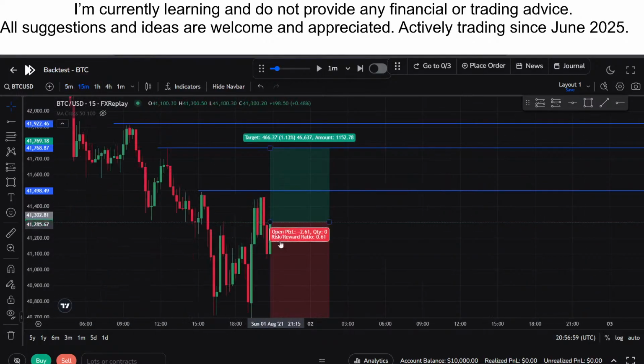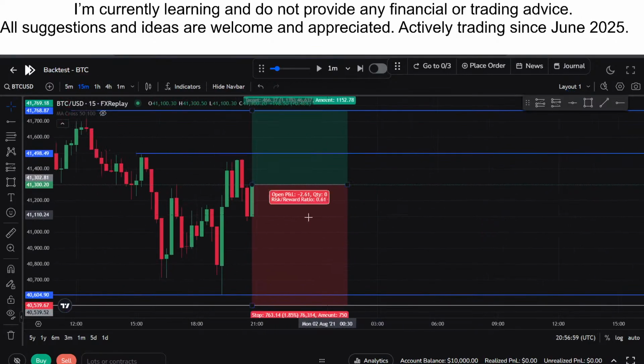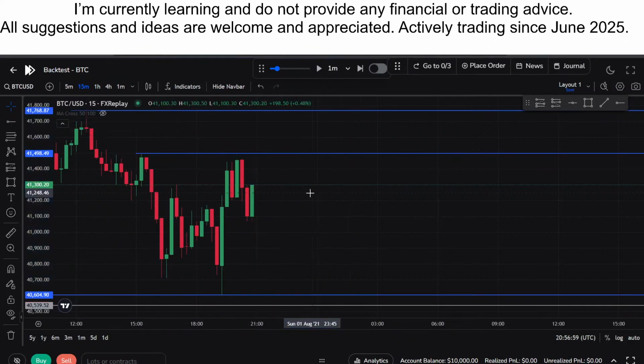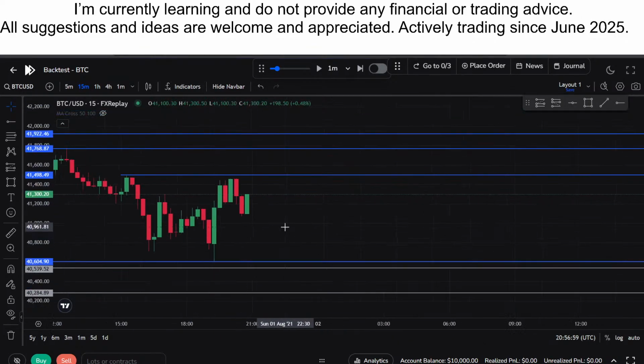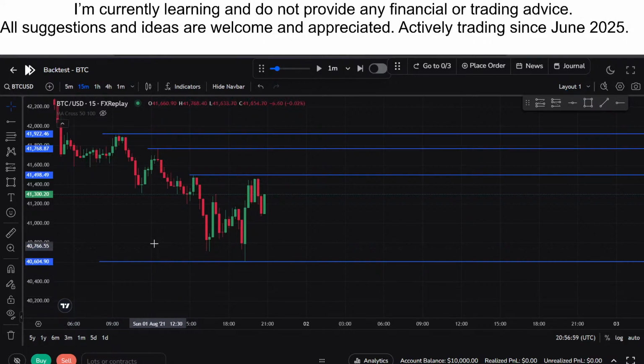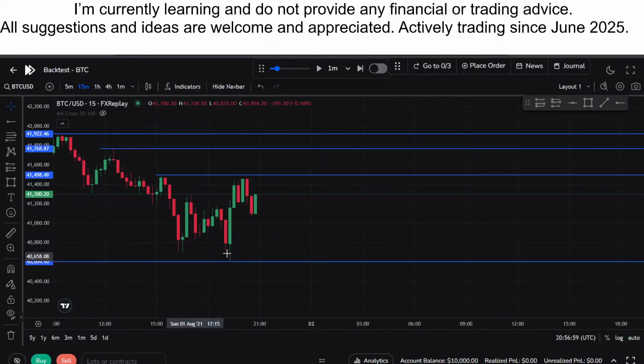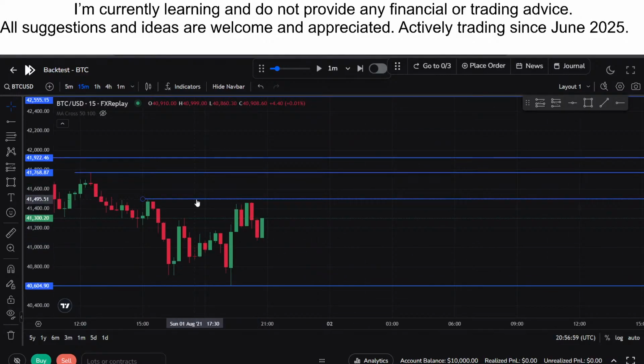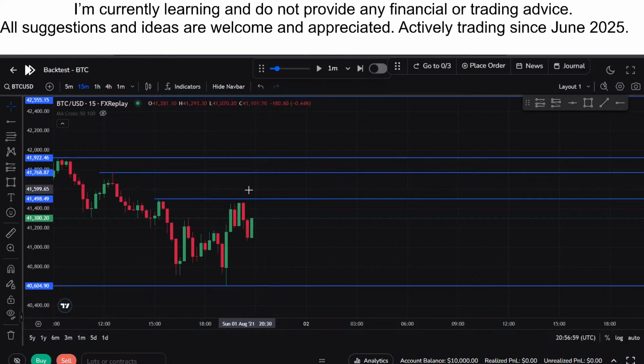Okay, let's go and check in the 15-minute chart also. In the 15-minute chart I don't think there is a good entry point, so I think I can delete these two lines. This is the swing low, and maybe I should wait for it to break.